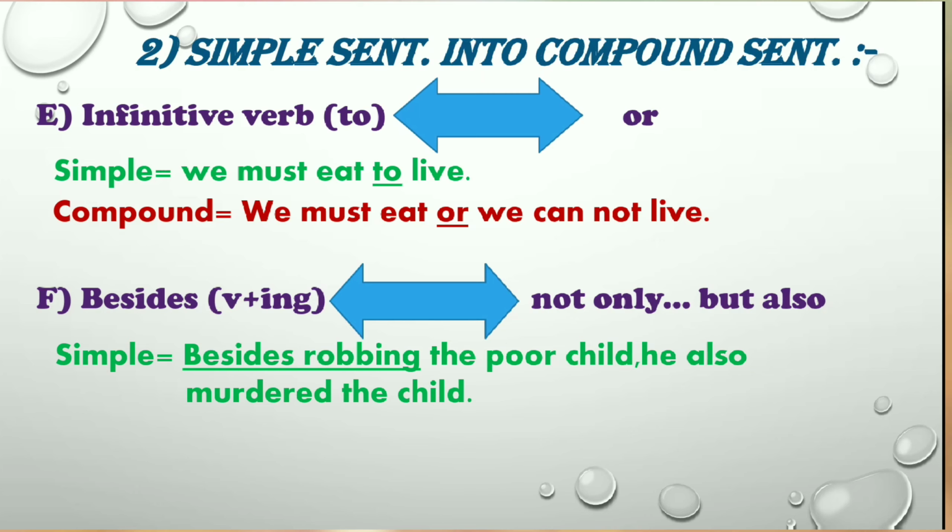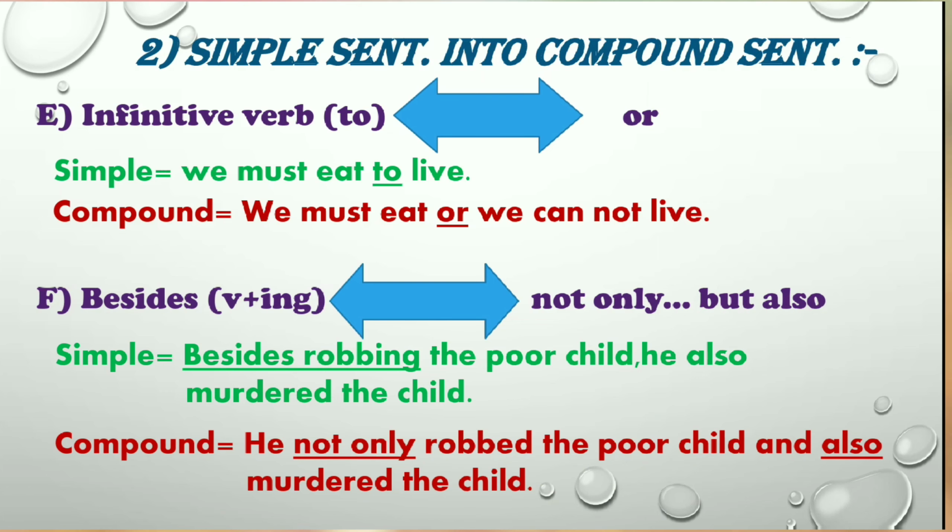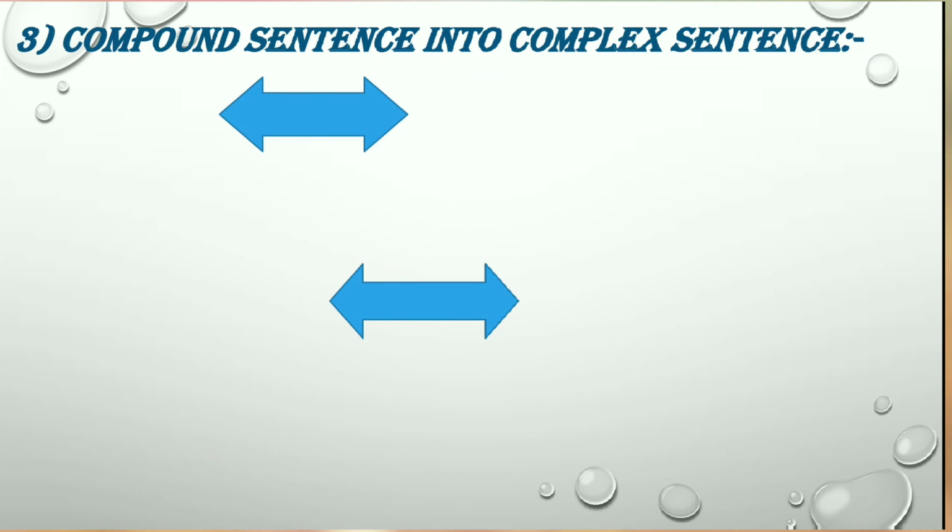Here besides plus the progressive form of the verb is used. Now we have our compound sentence with not only and but also: He not only robbed the poor child but also murdered the child. So in this way we can change a simple sentence into a compound sentence.